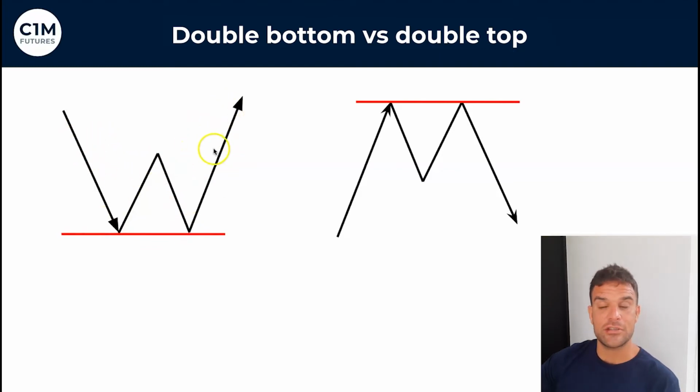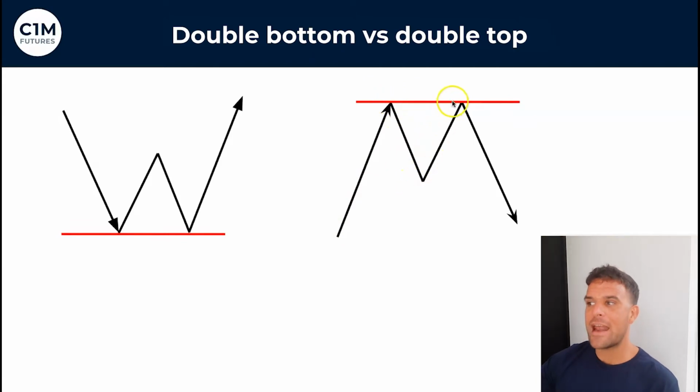You can have a double bottom, you can have a triple bottom, and again, this is just for identifying these support levels. The more times it bounces off and holds support there, the stronger it gets. Here we have the double top, which is a bearish signal because the price has been coming up, finds resistance, comes down.